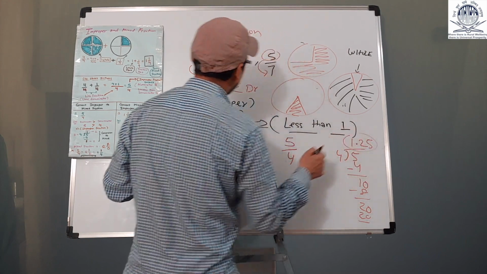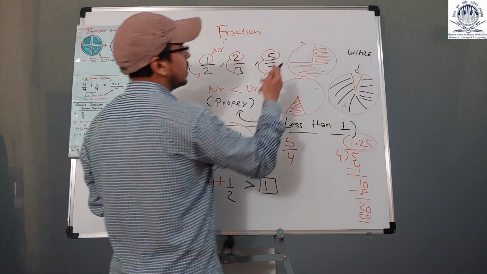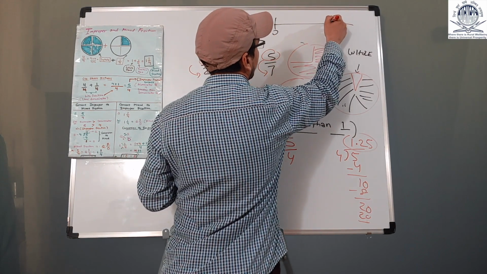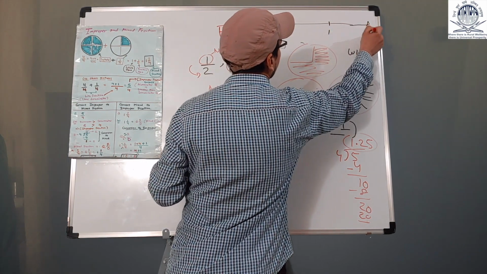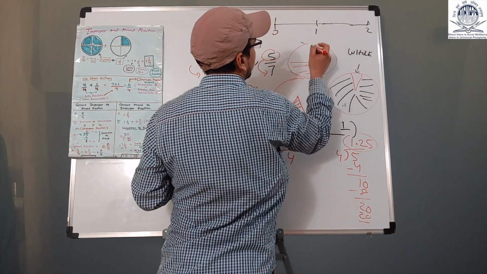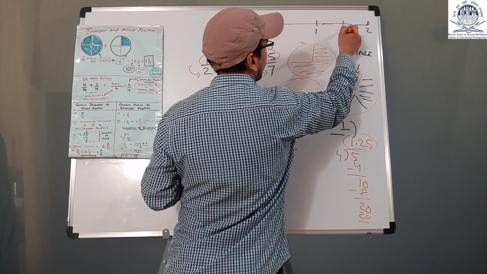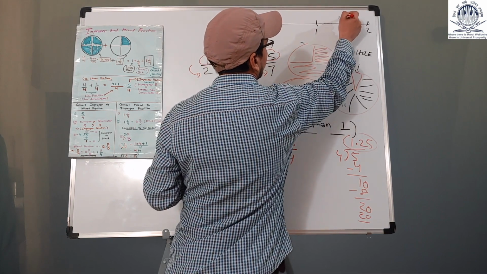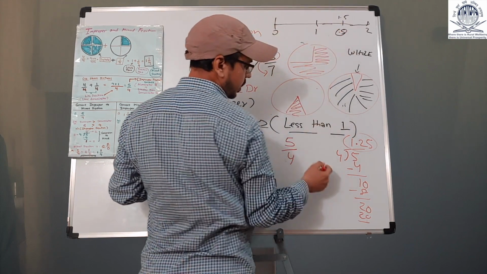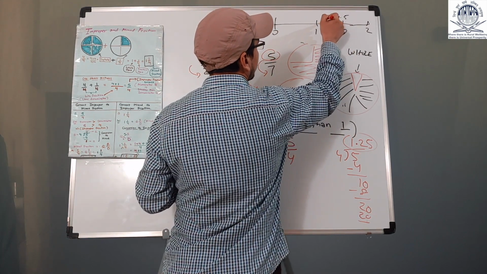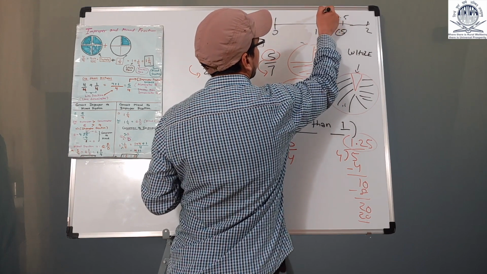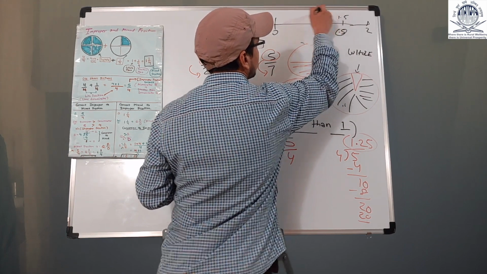So 1.25. If you want to consider it on the number line, over here being a 0, over here a 1, and over here a 2, let's divide it equally. So if I get this as 1.5, this is 0.5, 1.25 will come somewhere over here, and obviously this value is greater than 1.